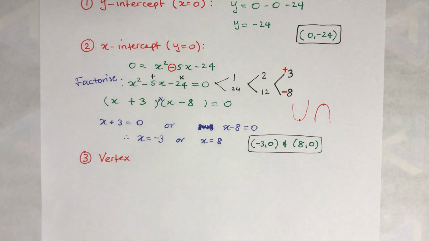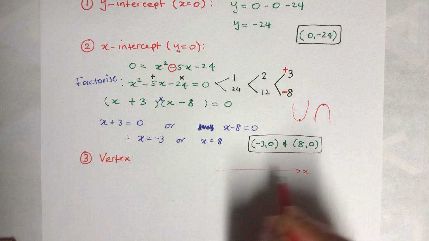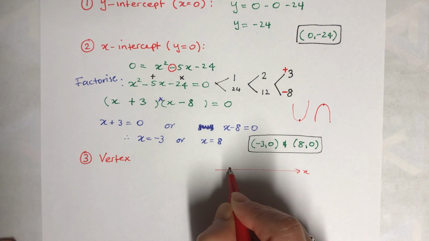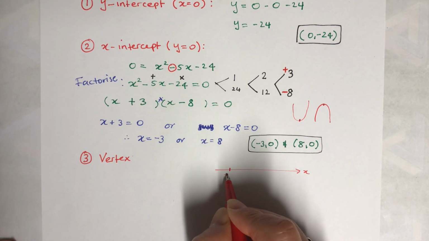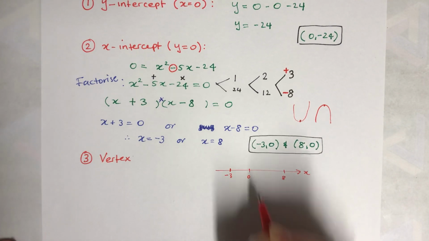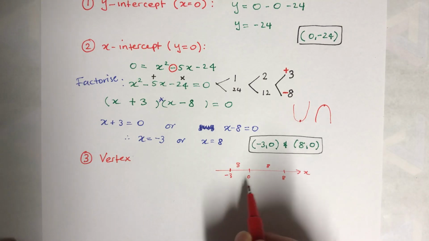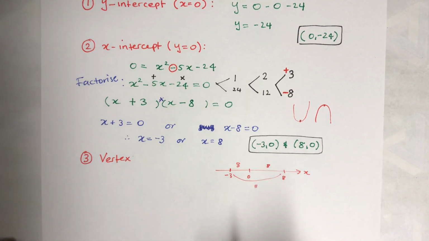If that's the x-axis, I'm just going to skip drawing the y-axis here: -3, and that's 8, and somewhere here it's 0. So that's 3 here, that's 8 here, all together 11.